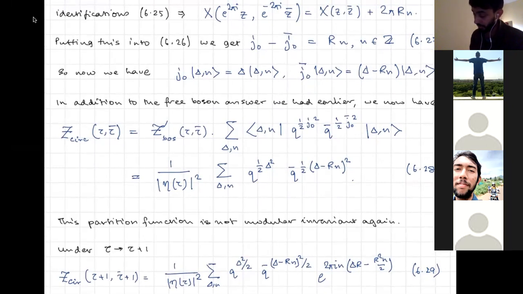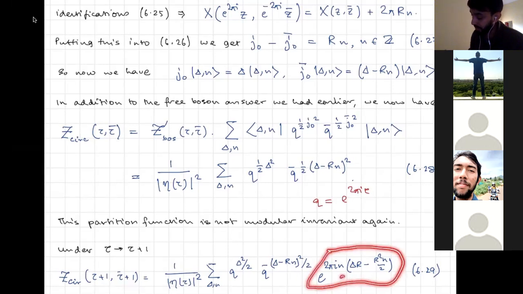If you do this shift, remember the fact that q was e to the 2 pi i tau. If you plug it back, what is going to happen is that you are going to pick up an extra exponential 2 pi i n into delta R minus R squared n over 2. So your partition function is not going to be invariant because of some factor like this.